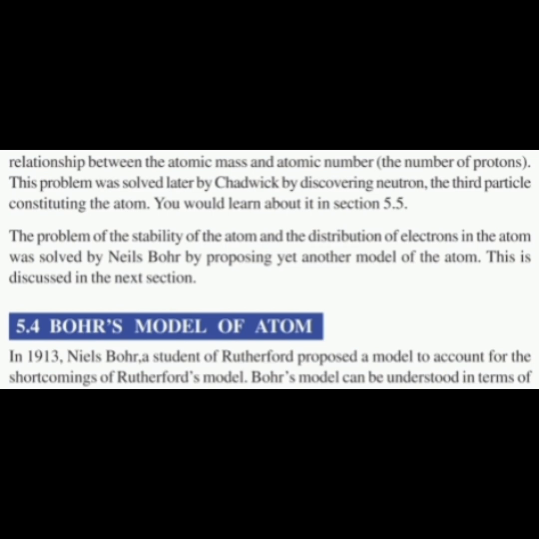The problem was solved later by Chadwick by discovering neutrons, the third particle constituting atoms. You will learn about it in section 5.5. The problem of the stability of an atom and the distribution of electrons in the atom was solved by Niels Bohr by proposing yet another model of atom. This is discussed in the next section.